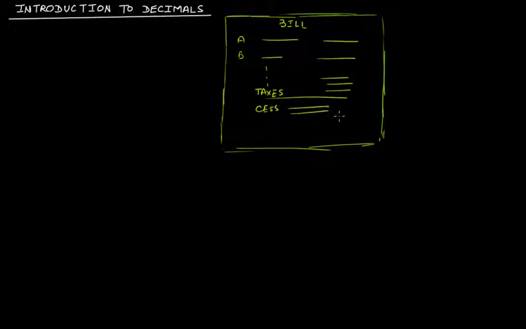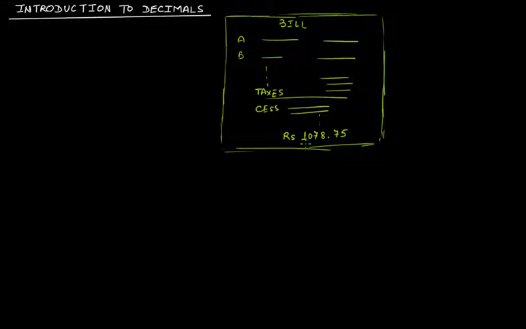Let's suppose that this is our bill, and there's item A and its price, item B and its price, and after all those prices, there are certain taxes that you have to pay, and then there are certain cess, right? So after all those, your bill finally says that you have to pay 1078.75. Let's suppose this is your bill.